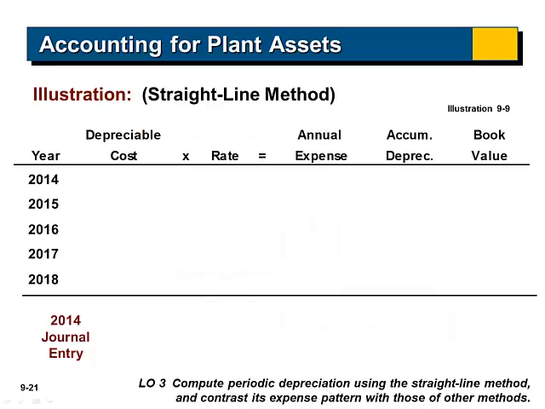And if we look at a table and go through the different years of its life, you can see that in year 1, we depreciate the asset at a rate of 20% or 1/5 of its life, or $2,400. So its accumulated depreciation is $2,400 after 1 year, and its book value is the $13,000 cost minus $2,400.